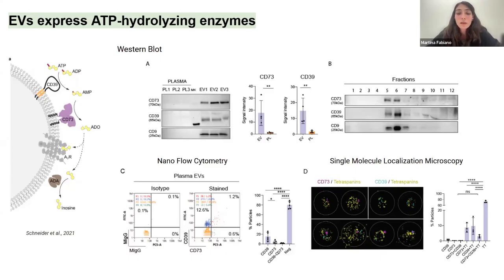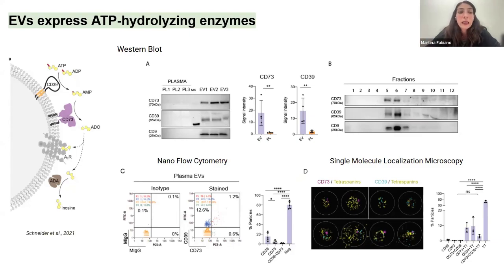About 10% were positive for each of the enzymes, single positive, and 1 or 3% were double positive, which comes to around 25 or 20% of the EVs carrying these enzymes.